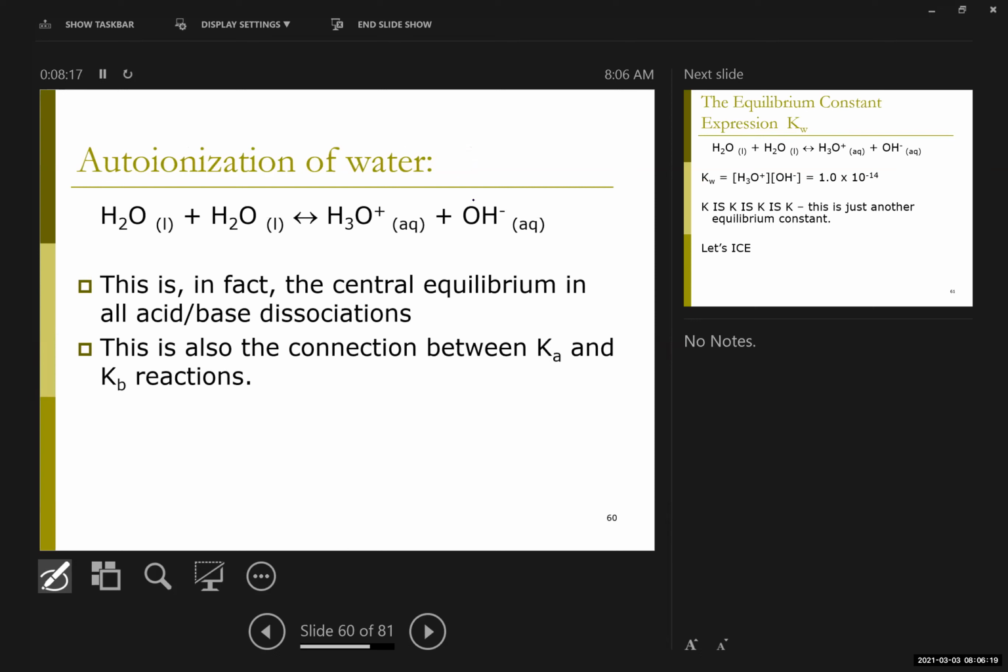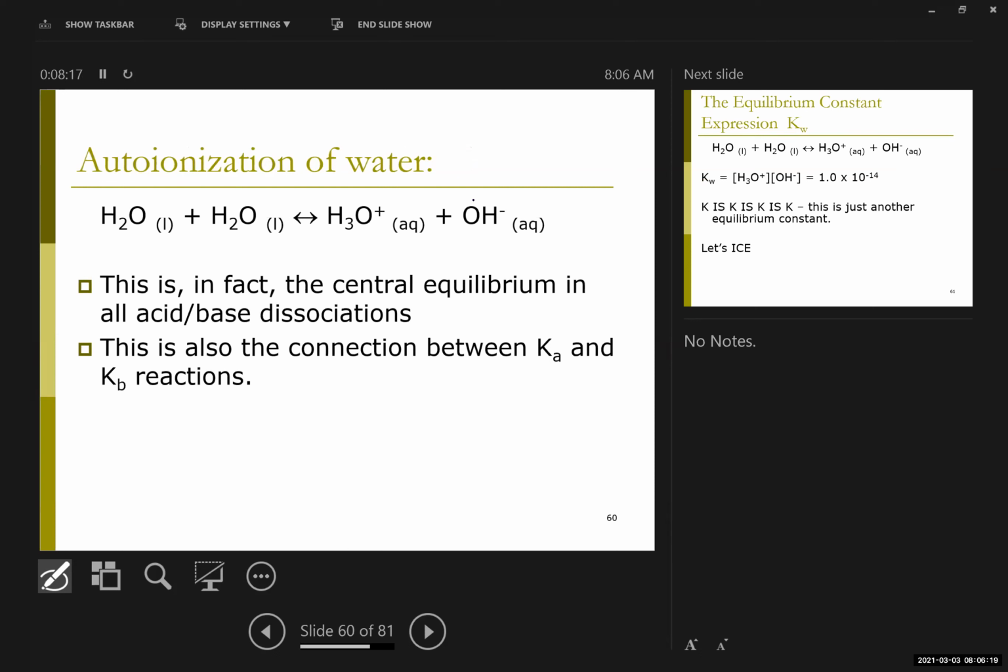And like all equilibrium problems, there's an equilibrium expression, and hey, there's an ice chart if I choose to make it. And I think I will. If I have pure, unadulterated water, there's nothing but water in my beaker. And so I have kind of a funky ice chart.